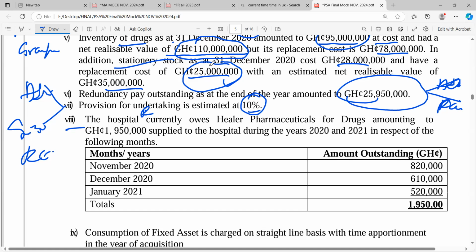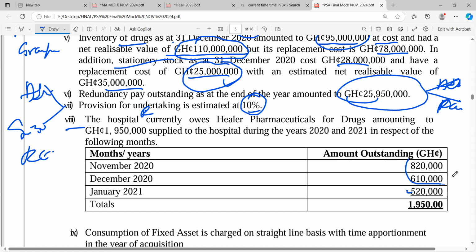You have to add up to December 2020. January 2021, we've not gotten there. How can you tell me that I owe you next month and I should record it here? It will be a liability when I get there.